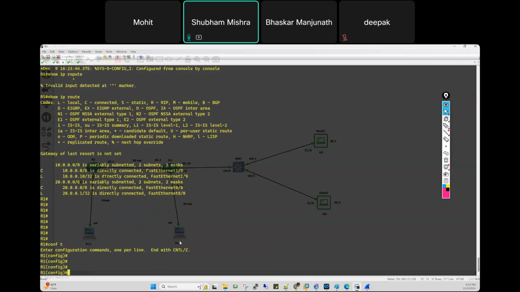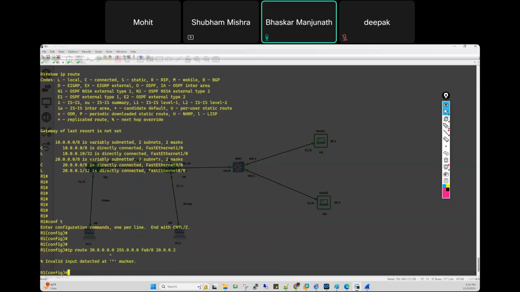Now I am configuring one thing. IP route, destination 30.0.0.0, mask 255.0.0.0, I am writing FastEthernet 0/0, and I am writing 20.0.0.2.